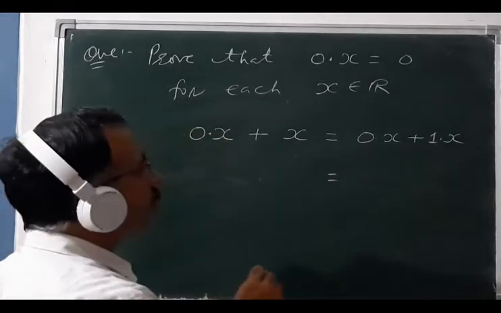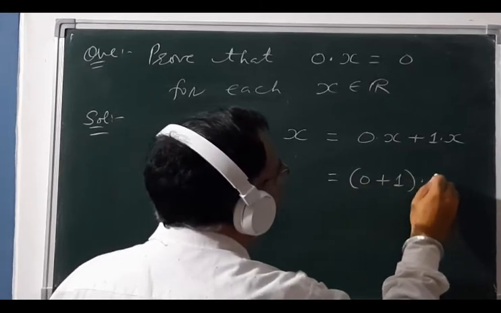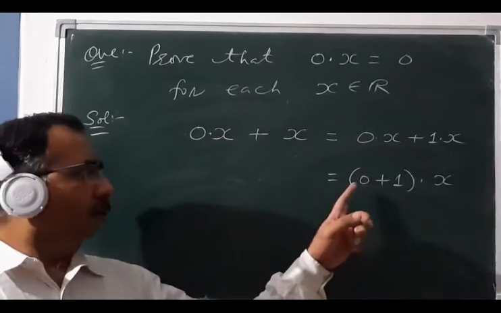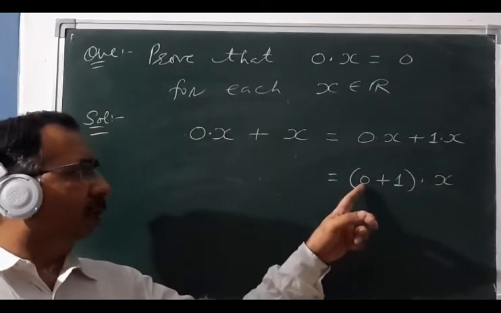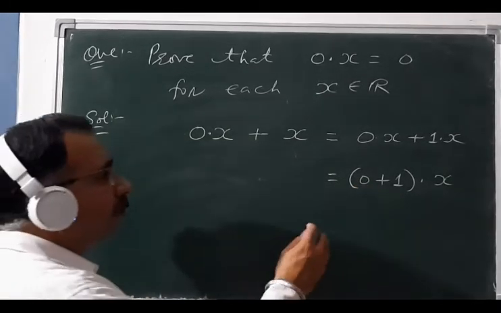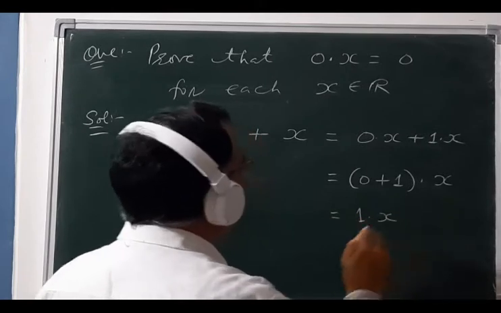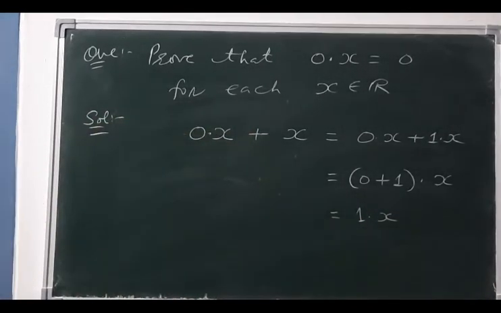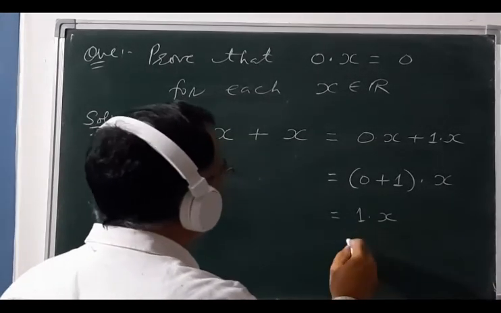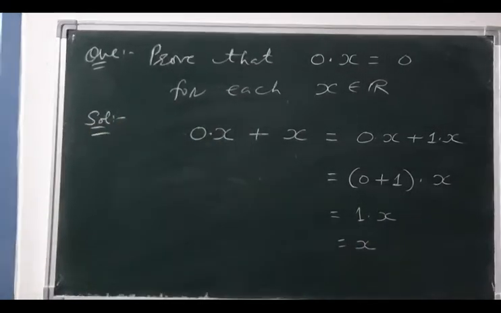Now apply the distributive property here. So (0 plus 1) times x. Now use the fact that 0 is the additive identity. So 0 plus 1 is the same number 1. So this is 1 times x. Since 1 is the multiplicative identity, it is x.